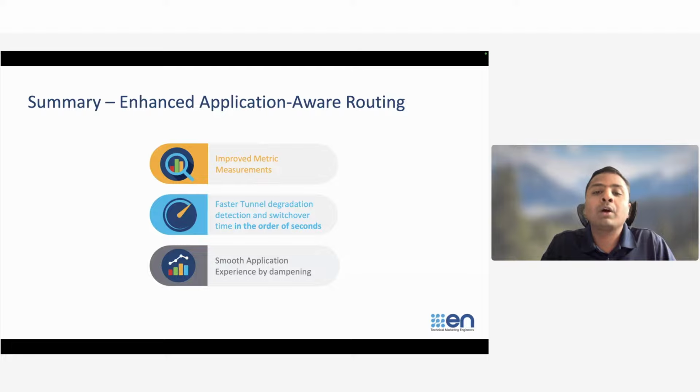Because of the improved metric measurements, we can now go as low as 10 seconds detection time whenever there are soft degradation issues occurring on the WAN. Last but not least, it provides a smooth application experience for users by providing dampening, so as to stop moving the traffic back and forth between SD-WAN tunnels when there are network instability issues.